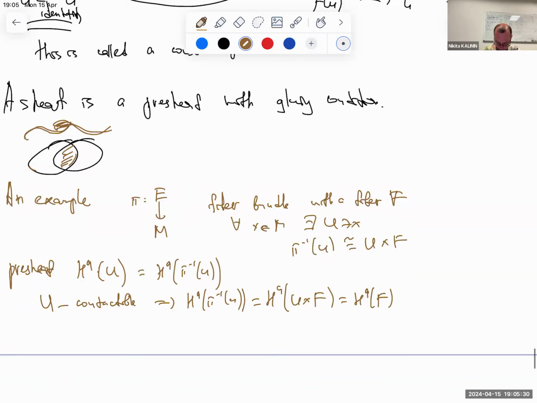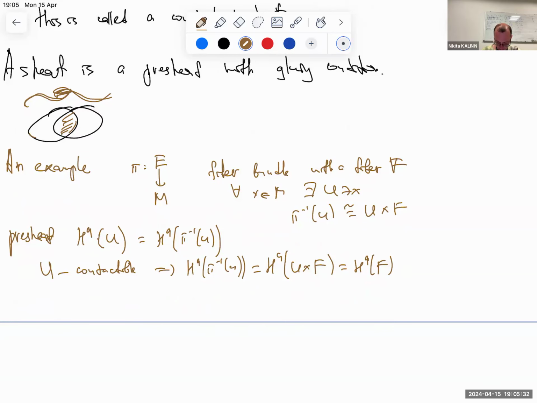So it means that, for example, if F is itself contractible, for example if F is equal to R^n, then this H^q is 0 for small U. But if you take U, for example, the whole manifold, it may be not 0.